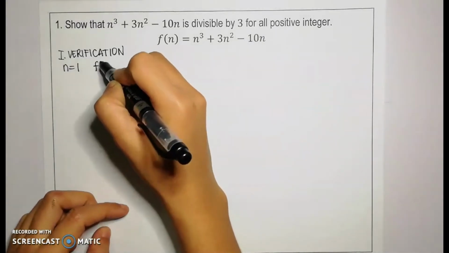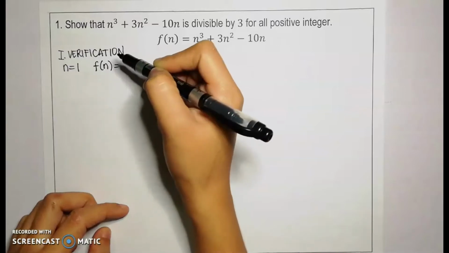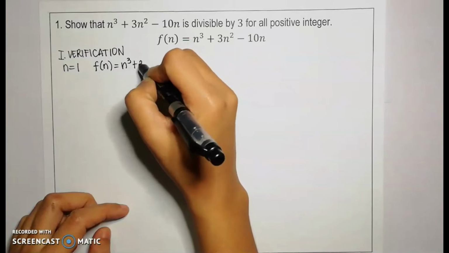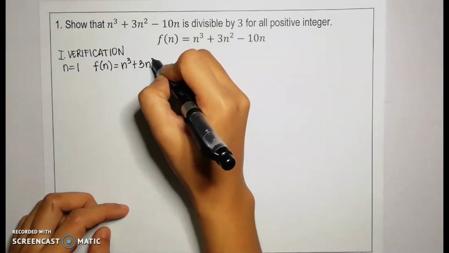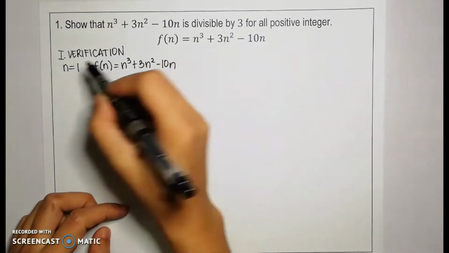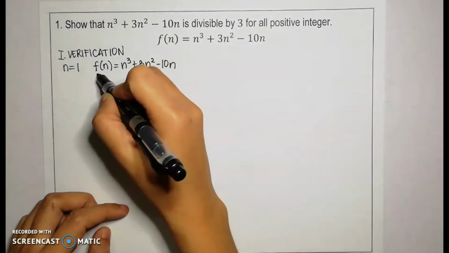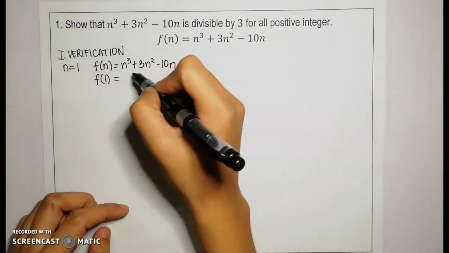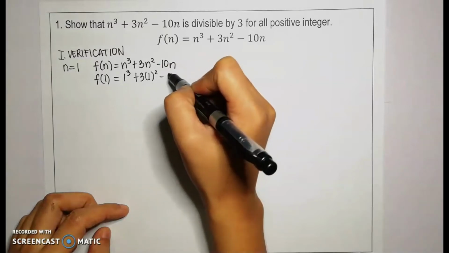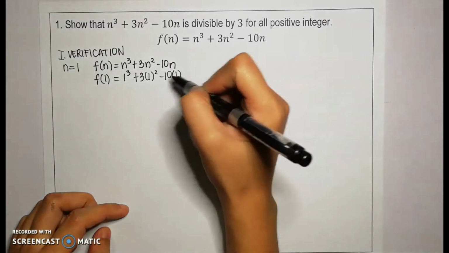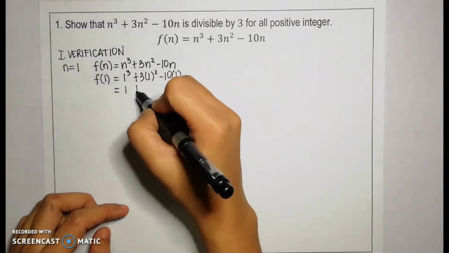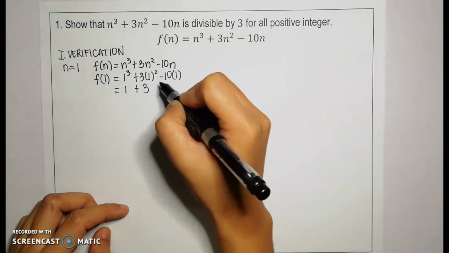Let's have f of n equal to n cubed plus 3n squared minus 10n. Replace n with 1. So we have f of 1 equal to 1 cubed plus 3 times 1 squared minus 10 times 1. So let's evaluate. 1 cubed is 1. 1 squared is 1 times 3 is 3.